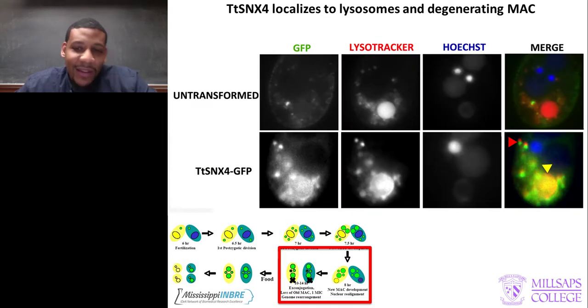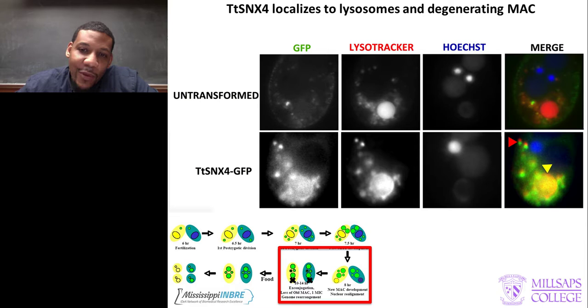And we can see that in this next panel. So what we see is that the LysoTracker positive nucleus is the only nucleus that's SNX4 positive. So what does this suggest? That SNX4 is associated with the degrading macronucleus, right? The macronucleus that's specifically targeted for autophagy, okay?